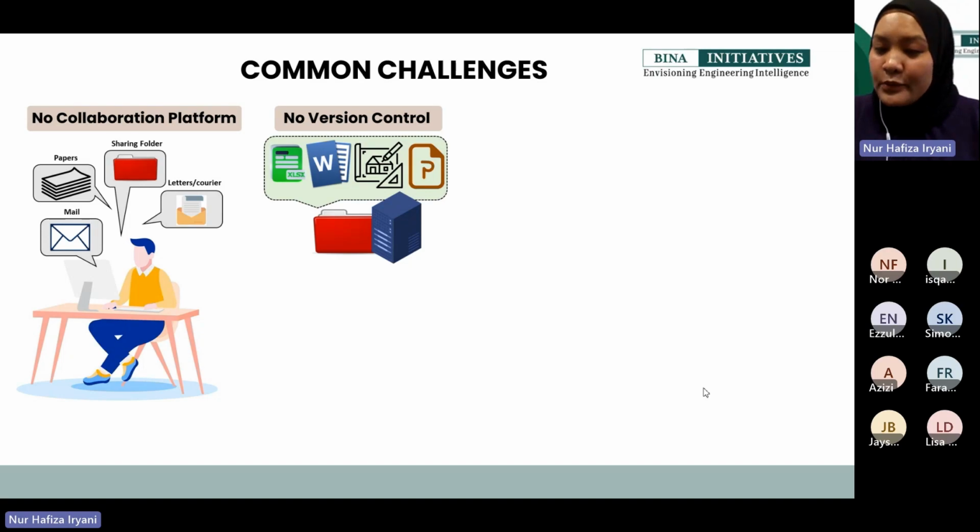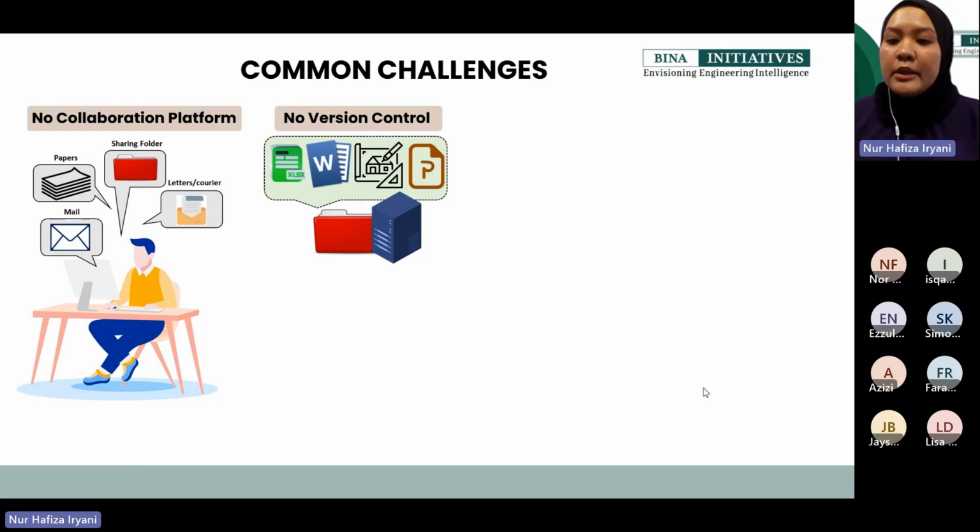Okay, if you say you're not having this problem, then you are lying, because I'm also having it. Before I moved to EDMS, this was my biggest concern and biggest challenge, because we are preparing the proposal, answering to this specification, and more than one person is using and referring to the same file.